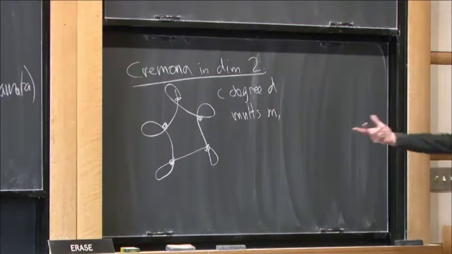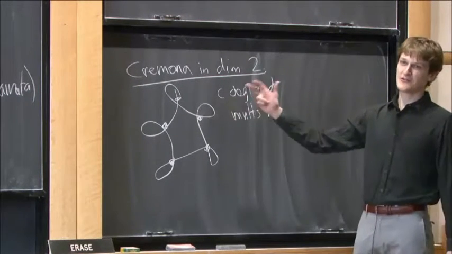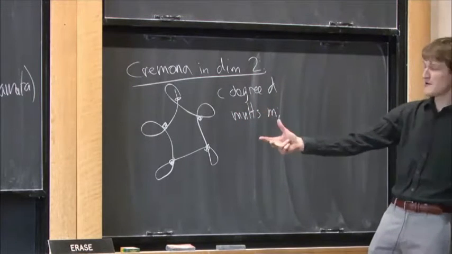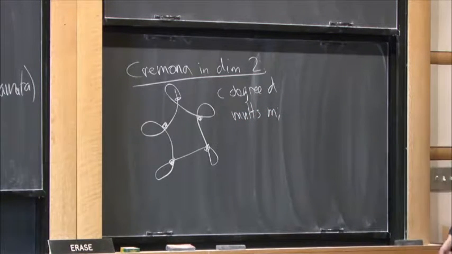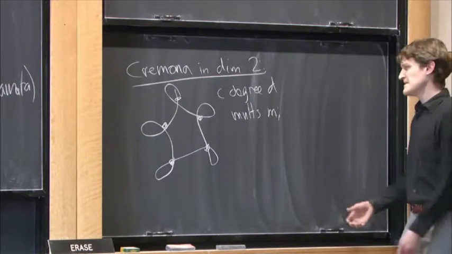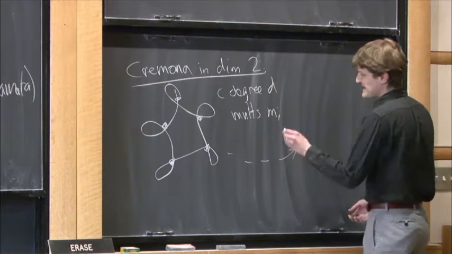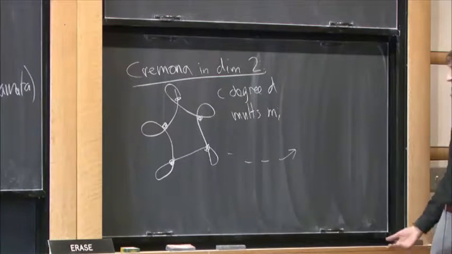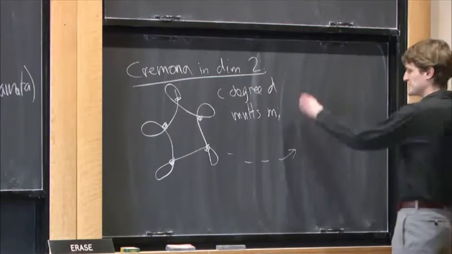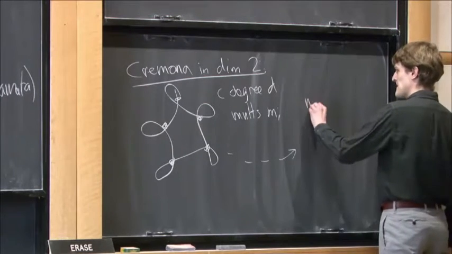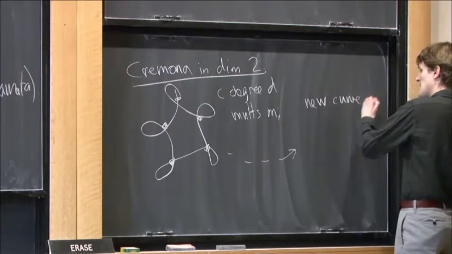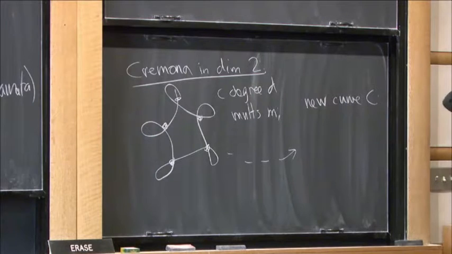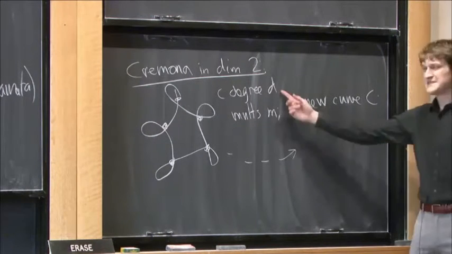So I could pick 3 of my n points, and I could make a Cremona transformation centered at those points, meaning I blow up the 3 points, and then I blow back down the lines that go through any 2 of them. And after I do that, I get back to P2, and I can take the strict transform of the curve, and it will be some different curve. Right? Doing the Cremona transformation is going to change its degree and change its multiplicity. But it's easy to work out what are the degree and multiplicities of this strict transform.